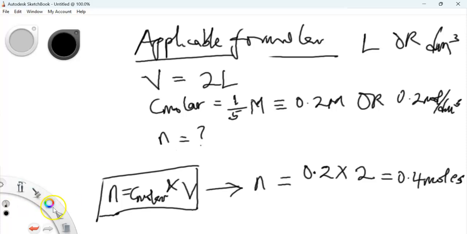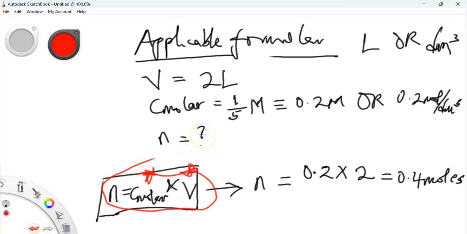and you are seeing molar concentration there available, then you will use this particular formula.